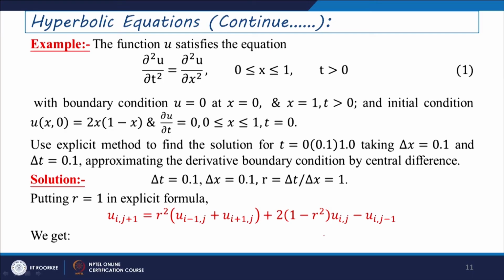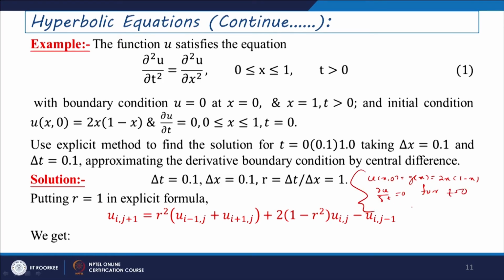So, these are your initial conditions: u of x 0 is g of x, which is 2x into 1 minus x, and the other initial condition is given as del u by del t equals 0 for t equals 0.